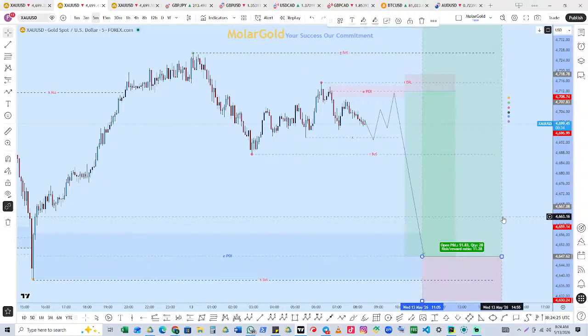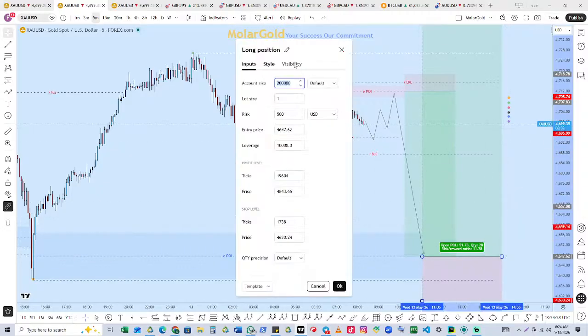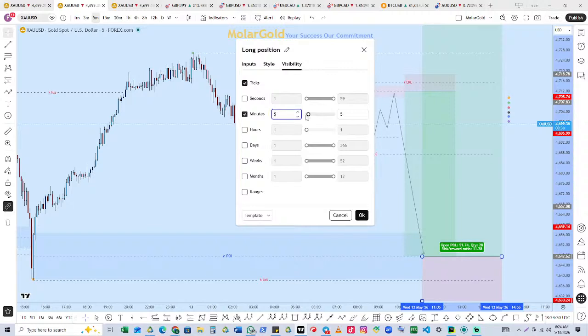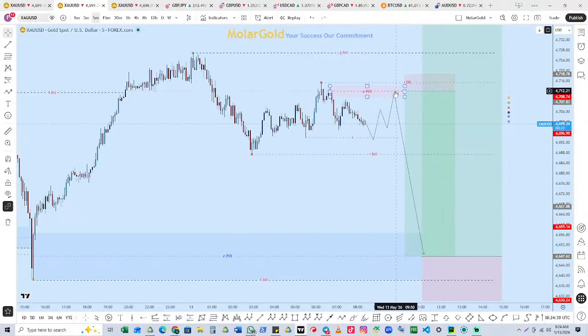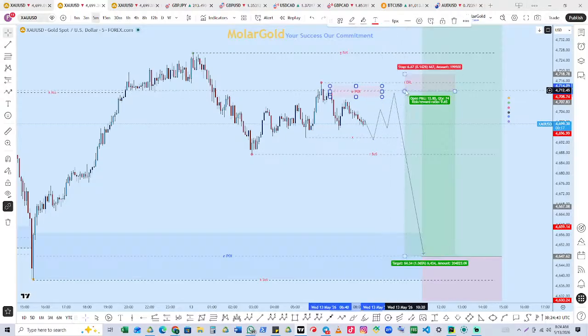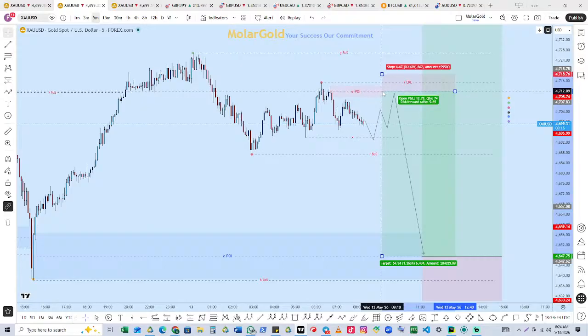Or it should only show in the 15 minutes. That's perfectly fine. Okay, it's a 5-minute trade, so it cannot be shown on the 15 minutes. So this one rather should move forward a little bit. That's it. So what does it mean?